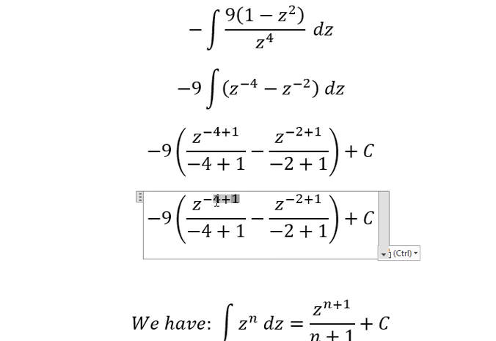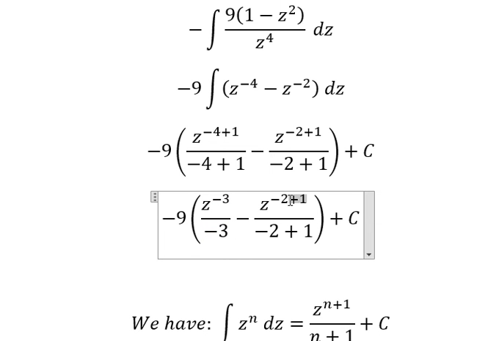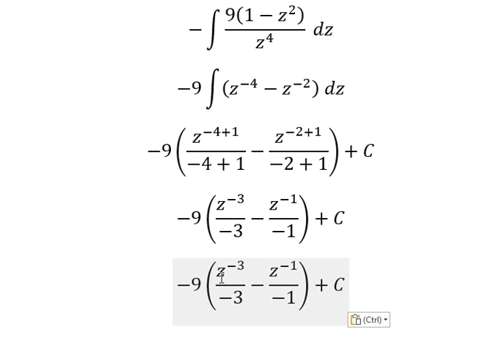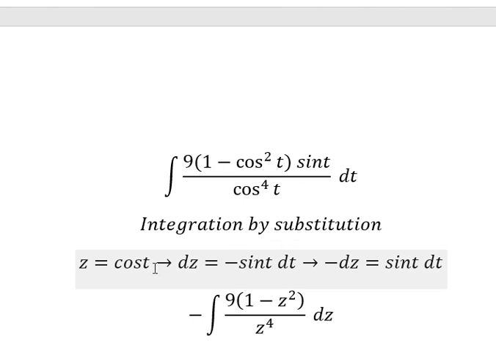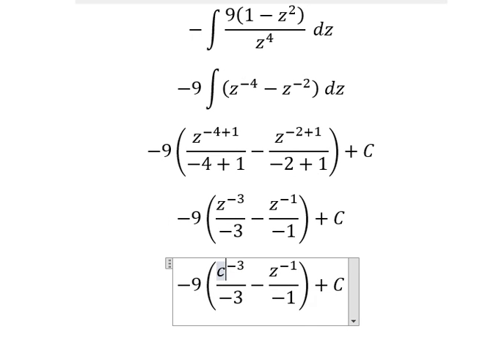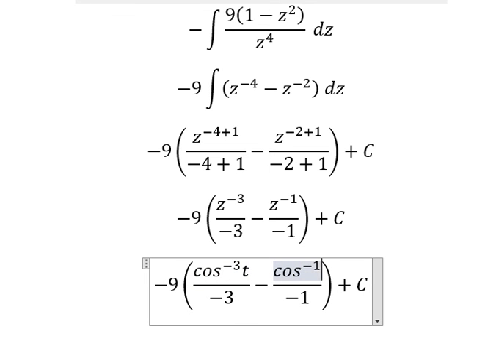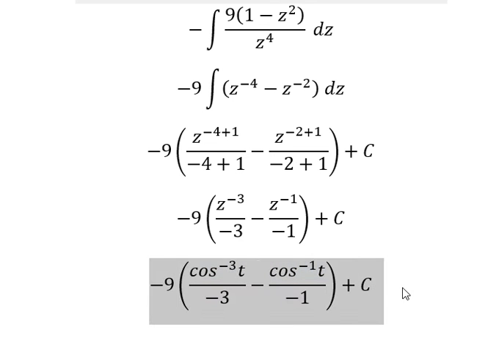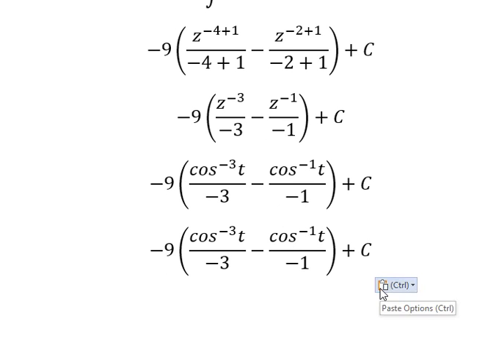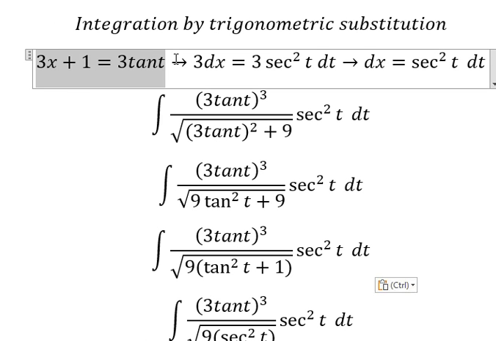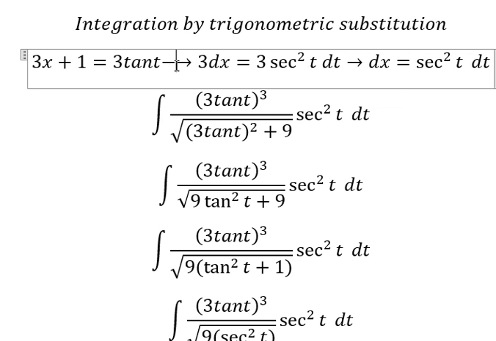So this one we have negative number 3, negative number 3, negative number 1, negative number 1. About z, that is cosine t. About t, that is about this one. So we divide both sides by number 3.